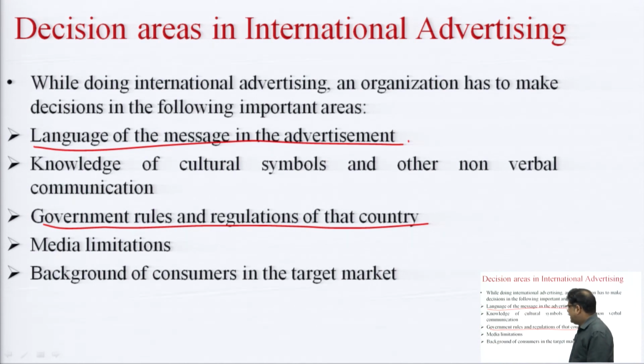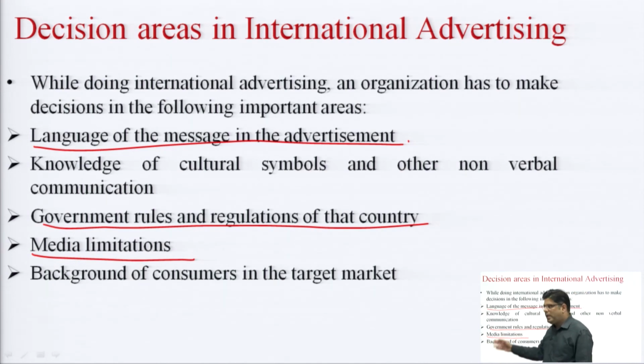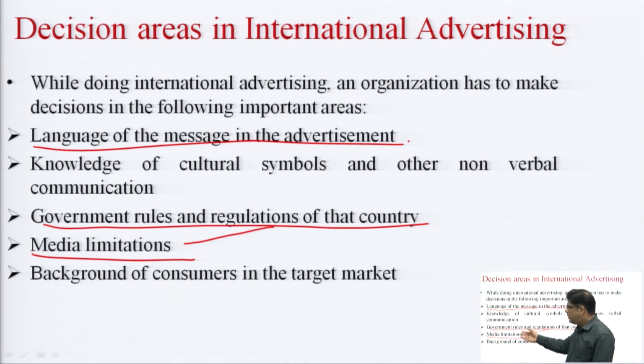Then media limitations. By media limitations, we mean that organizations have to take care of the availability of media and affordability of media. So, media limitations actually have two aspects. One aspect is availability and the other aspect is affordability.